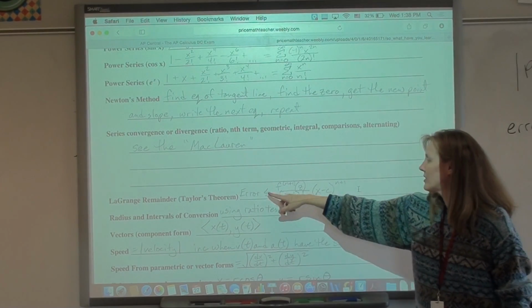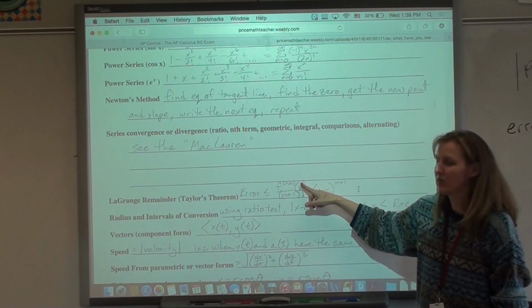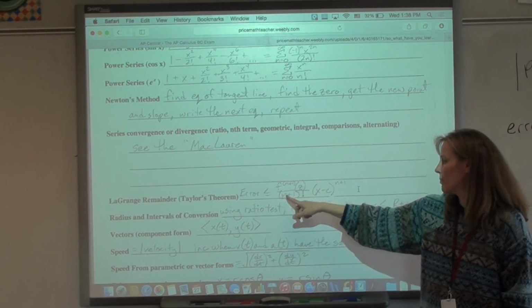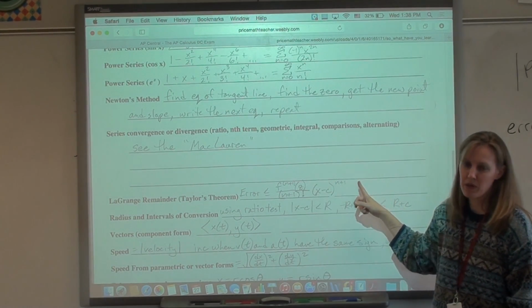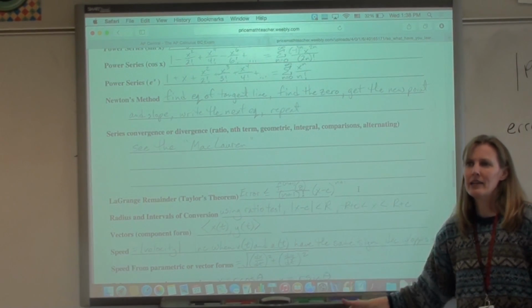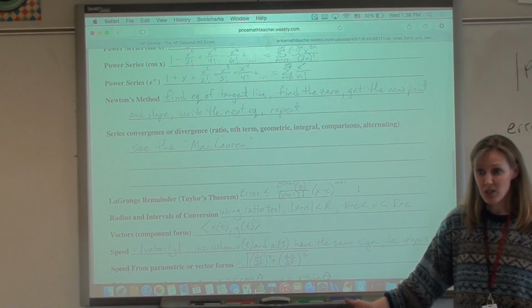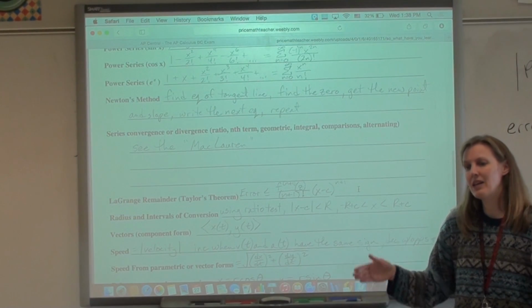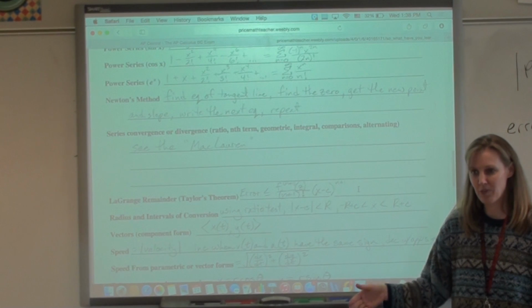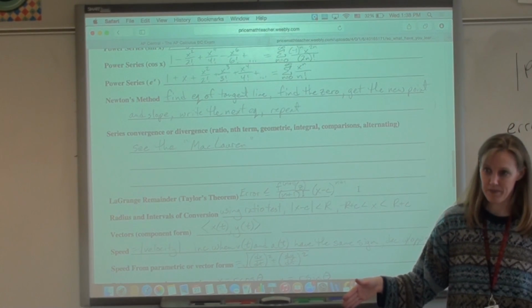So the error is less than or equal to the max of the absolute value of the n plus 1 derivative of z over n plus 1 factorial times x minus c to the n plus 1. What's z? z is any number between x and c. There is no way to find z, so you need to find the max of that n plus 1th derivative between x and c.